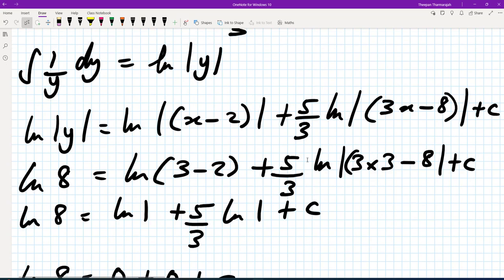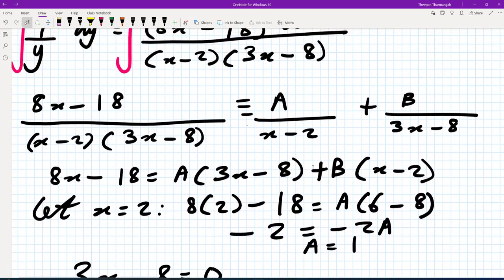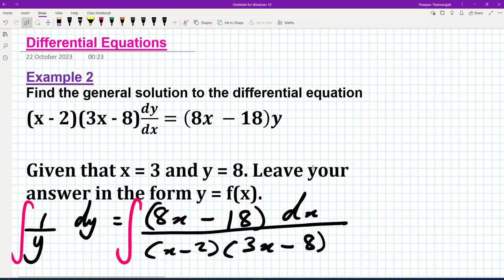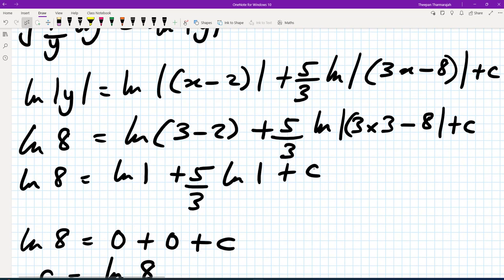So we want to write our function in the form of y equals f(x). So we can write that as follows.